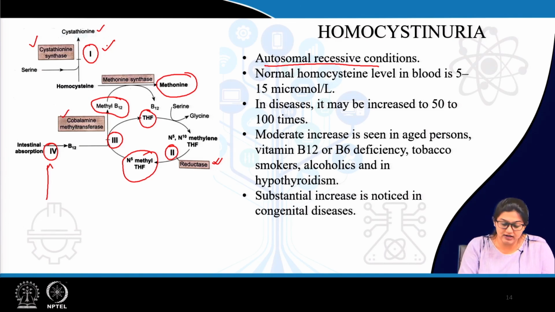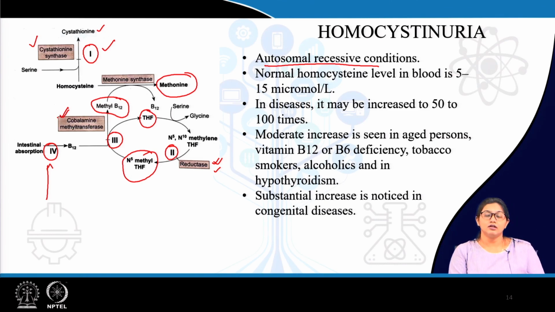Type 2 is due to the deficiency of the reductase enzyme, which forms methyl tetrahydrofolate. Type 3 is a defect in formation of methylcobalamin, where the defect lies in the enzyme cobalamin methyl transferase. And finally, the type 4 pattern, that is the acquired homocystinuria, which is due to dietary deficiency of vitamin B12.